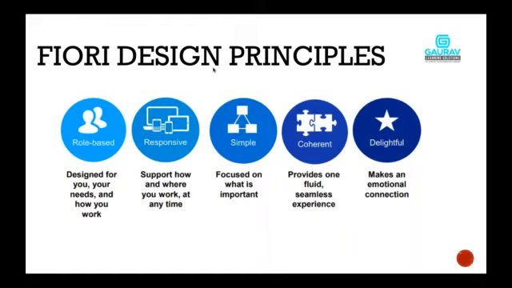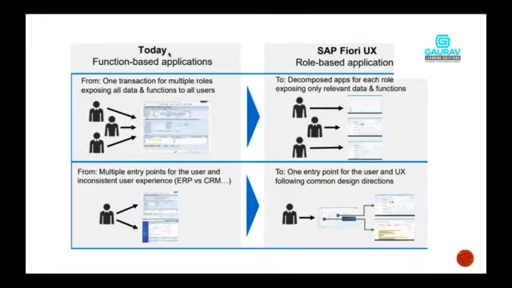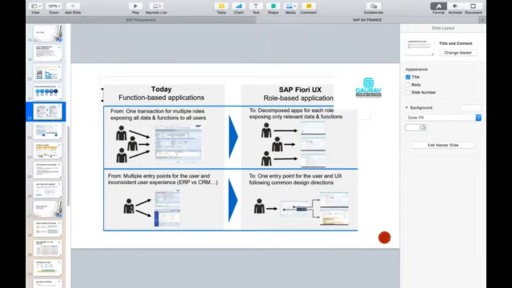Coherent means it provides one fluid, seamless experience. What exactly it means, maybe in the next slide I have this example. If you see the bottom screen, if you have a user who wants to do a transaction in the ECC system, he has to log in to the ECC system separately. And if he wants to do a transaction in CRM, again he has to open another screen, perform the login, and only then can he access CRM.